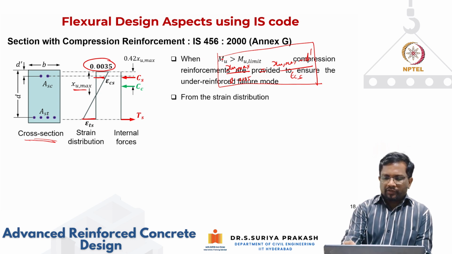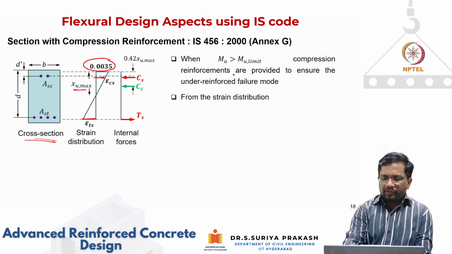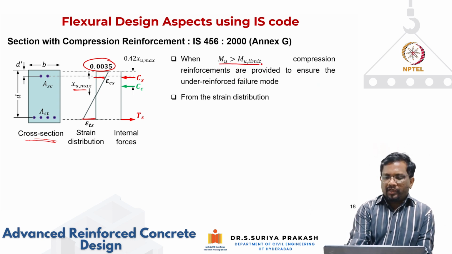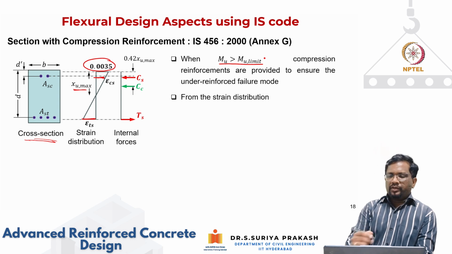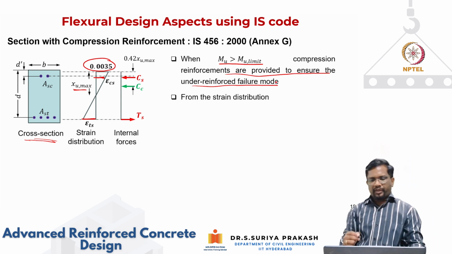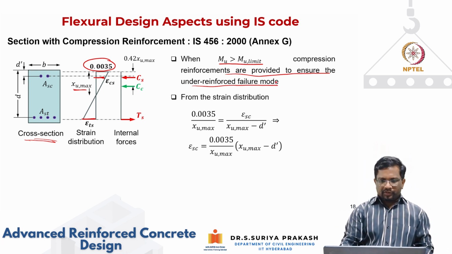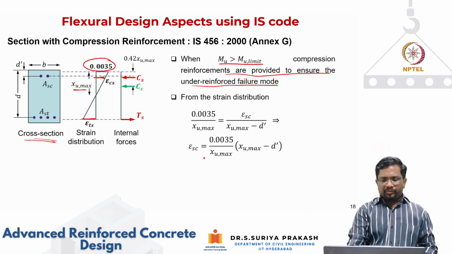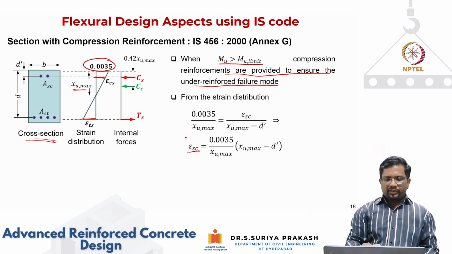Nothing fancy here. Right. So when do we go for a doubly reinforced section? When your moment demand is greater than Mu limit, compression steel is provided to ensure that the under reinforced failure mode is preserved. Okay. So from the strain distribution, now we can calculate your epsilon sc. That's what we did.